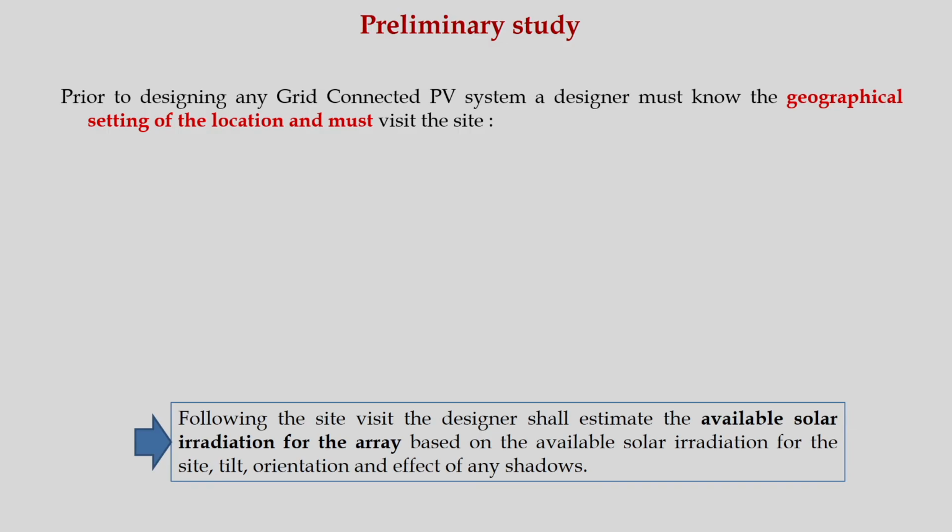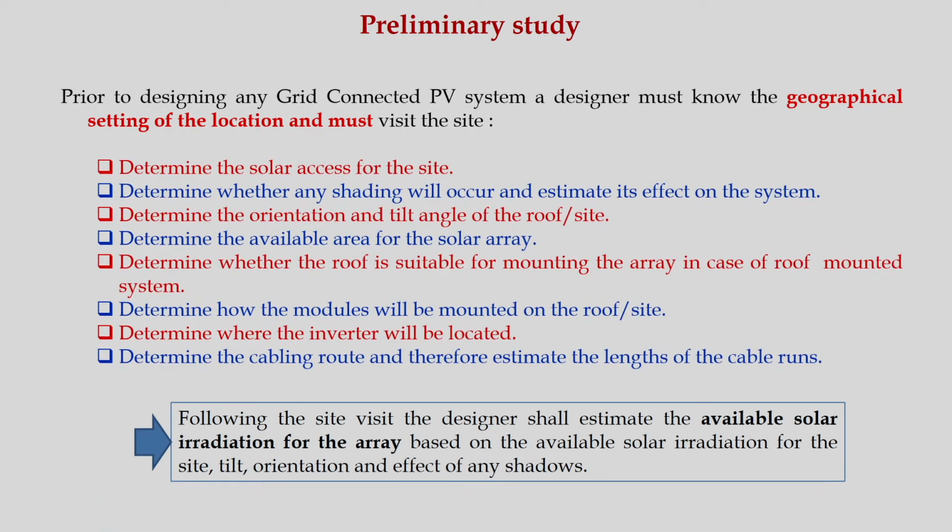Prior to designing any grid connected PV system, a designer must know the geographical setting of the location and must visit the site to determine the solar access for the site, to determine whether any shading will occur and estimate its effect on the system, to determine the orientation and tilt angle of the roof or a particular site, to determine the available area for the solar array, to determine whether the roof is suitable for mounting the array in case of a roof mounted system, to determine how the modules will be mounted on the roof or the site, and to determine where the inverter will be located, and to determine the cable route and therefore estimate the length of the cable runs.